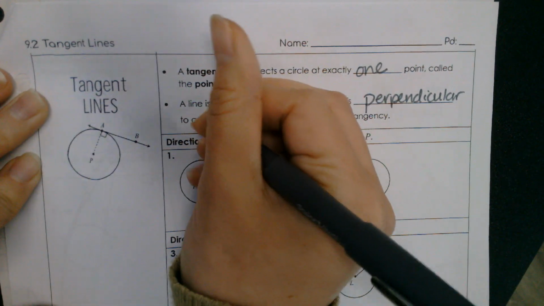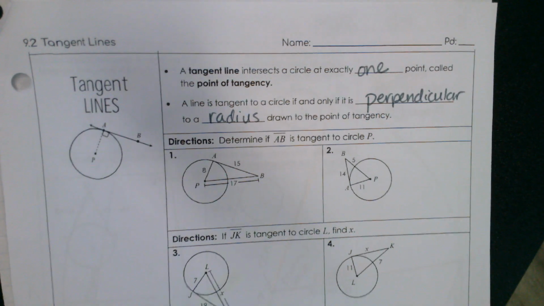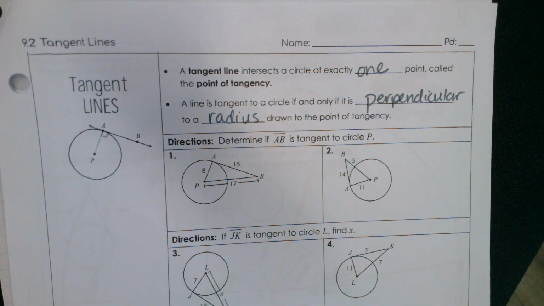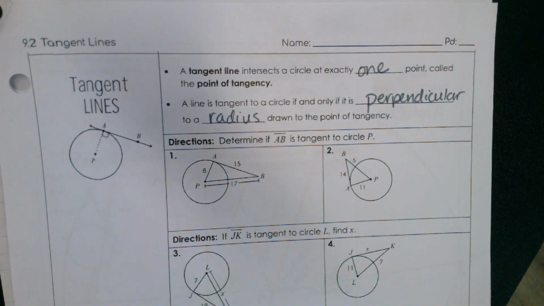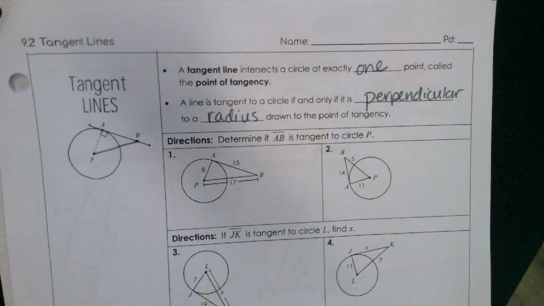Starts with an R. Radius, drawn to the point of tangency. So to test if something is tangent to a circle, you can use the radius and the Pythagorean theorem to figure it out, because this is creating what type of triangle? A right triangle.